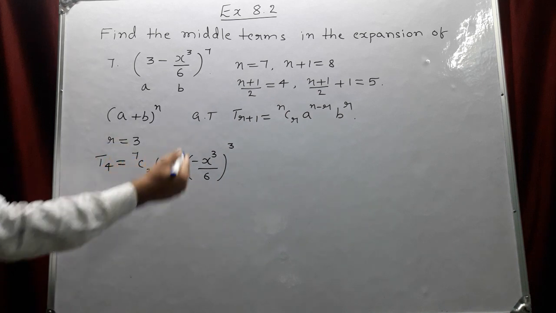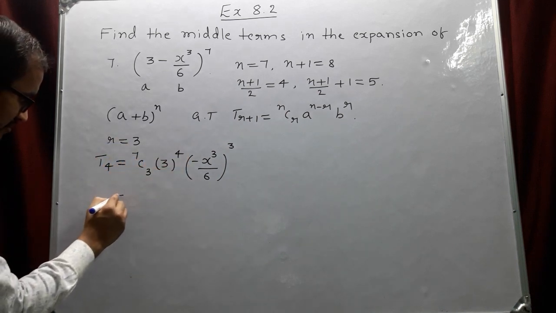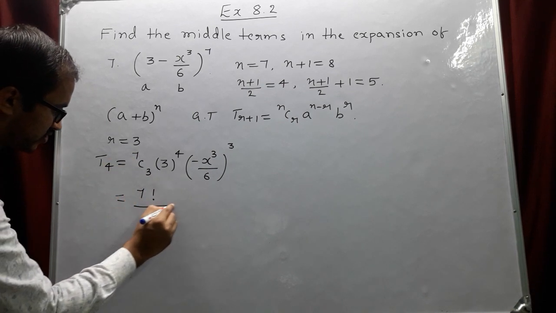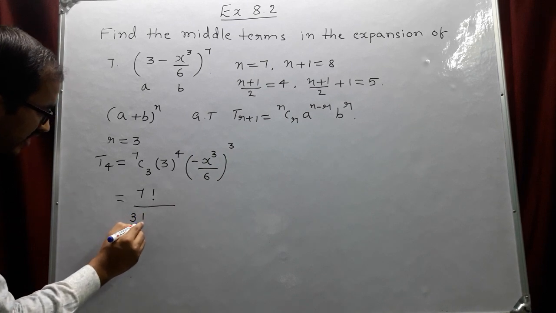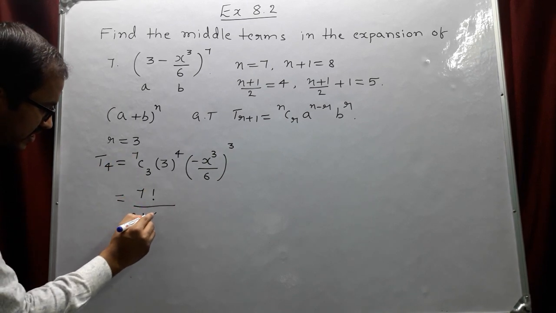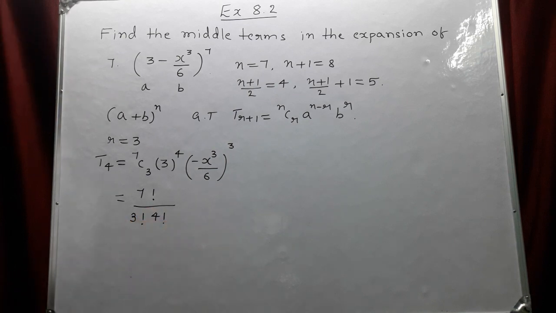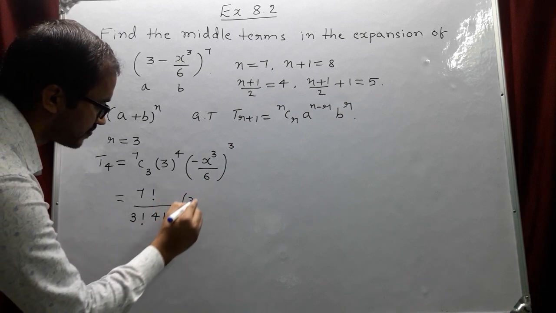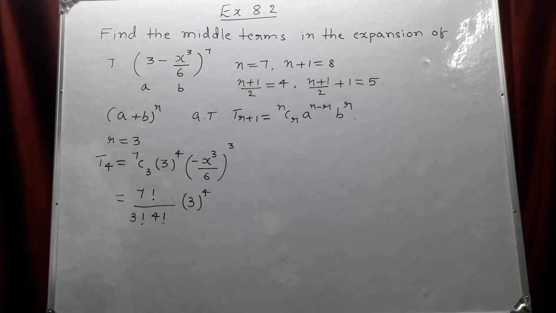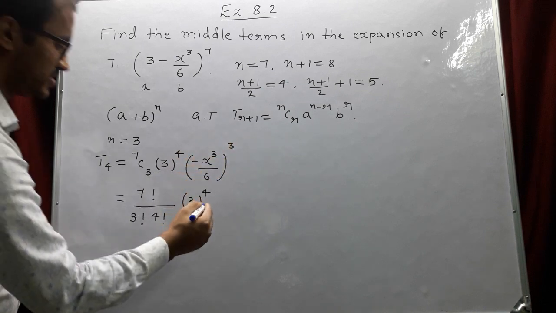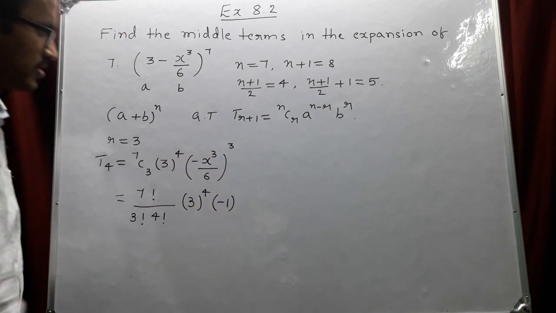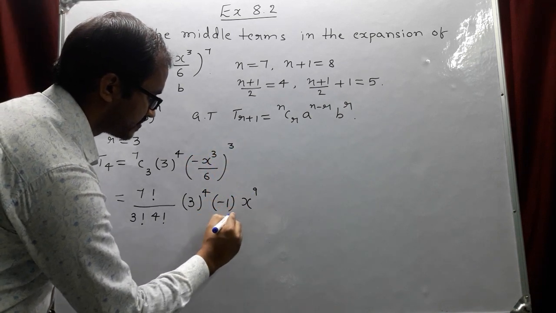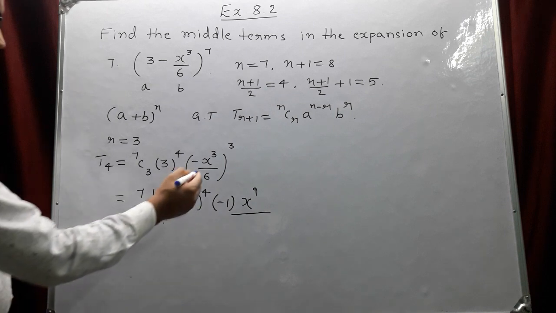Simplifying, we get the 4th term: 7C3, that is 7 factorial by 3 factorial into (7 minus 3) factorial, that is 4 factorial, here 3 power 4, into minus 1 cube, which is minus 1, (x cube) whole cube, that is x power 9, divided by 6 cube.